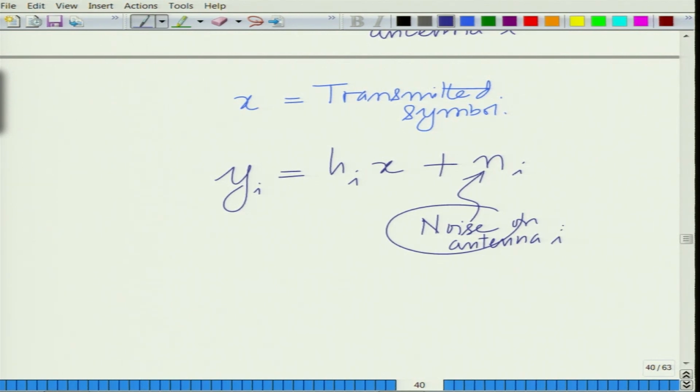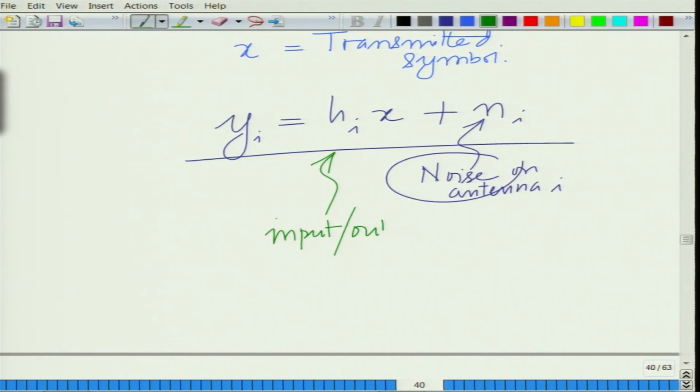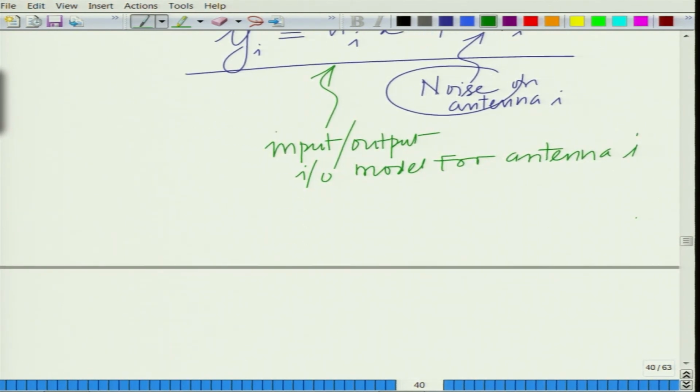So, essentially you have the model for antenna i. This is also called the system model, or the input output, the I/O model, for antenna i.